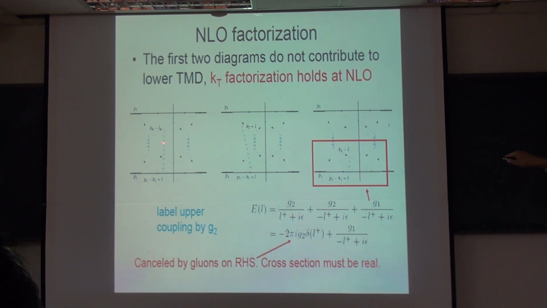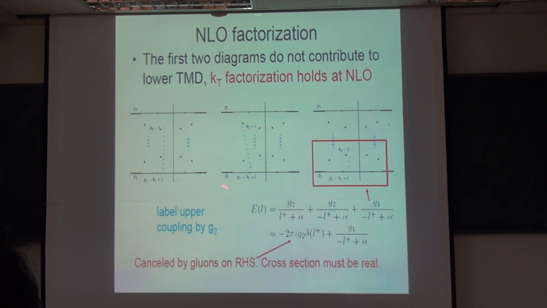Then this collinear gluon couples hadron 1 and hadron 4. This collinear gluon couples hadron 1 and hadron 2. So it means they couple different pieces in the scattering process. So it's better that these two diagrams cancel. Then Collins checked that if we eikonalize this parton line here, we get these two eikonal propagators.